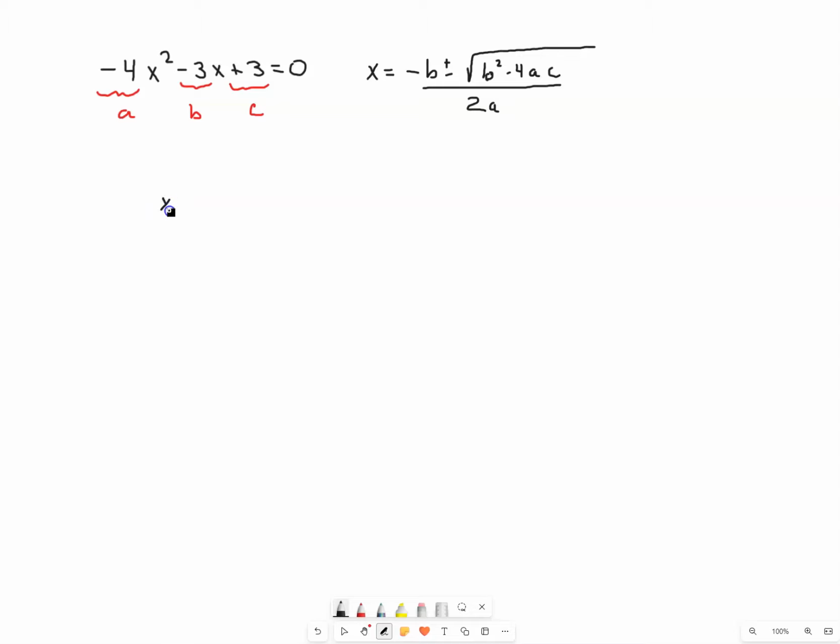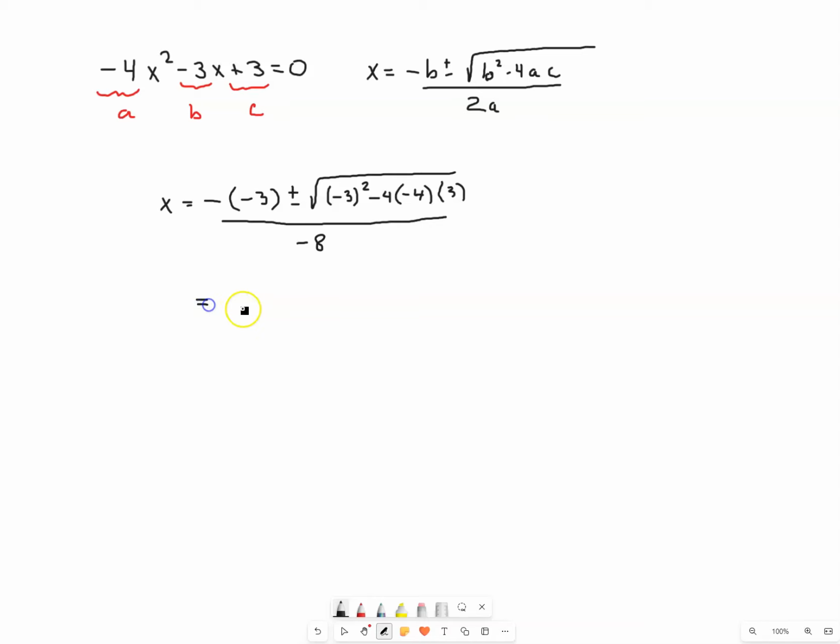So I know that x is equal to minus b, which is minus negative 3, plus or minus the square root of b squared minus 4a, which is negative 4, right? C, and c is positive 3, all over 2 times a, and 2 times negative 4 is negative 8. So I'll just go ahead and put that here.